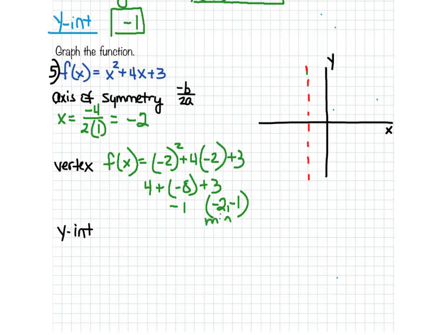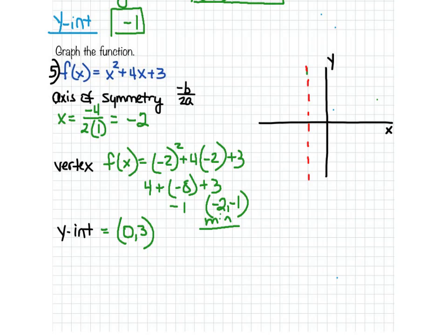So I can go ahead and plot my vertex, and my vertex would be right there. Now let's identify the y-intercept, which would be c in my equation. So my y-intercept is at 0, 3. Let's go ahead and plot that point. 0, 3 would be there.